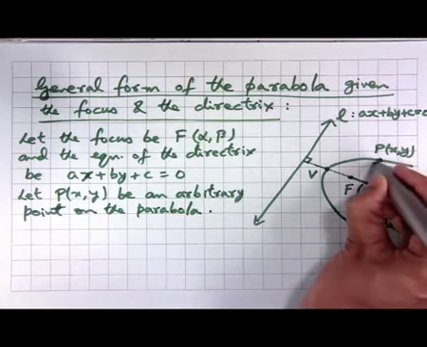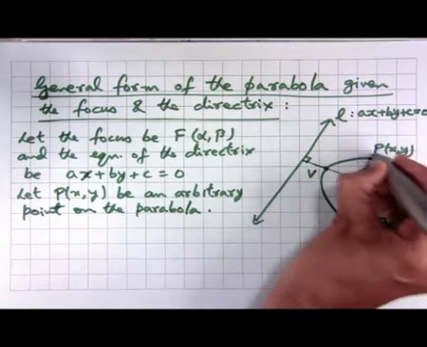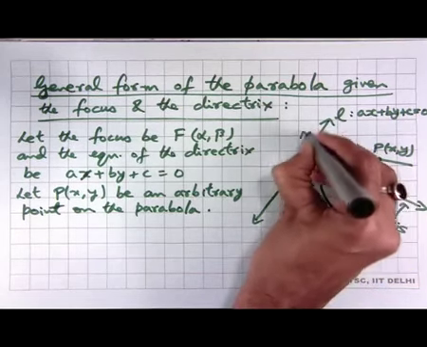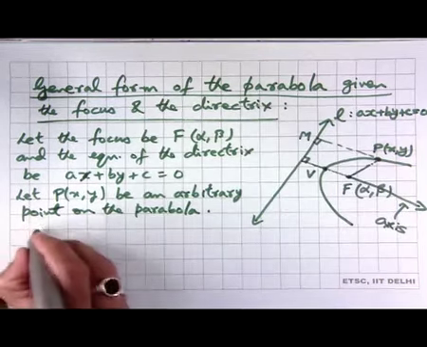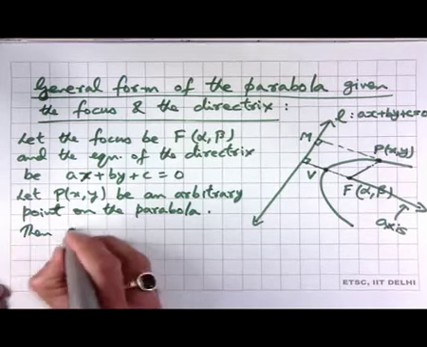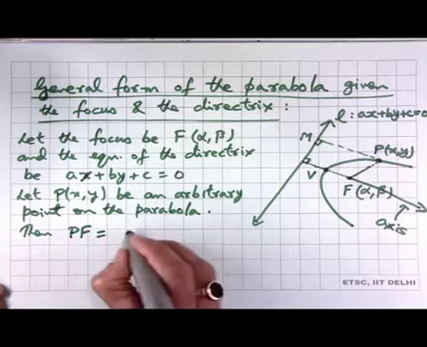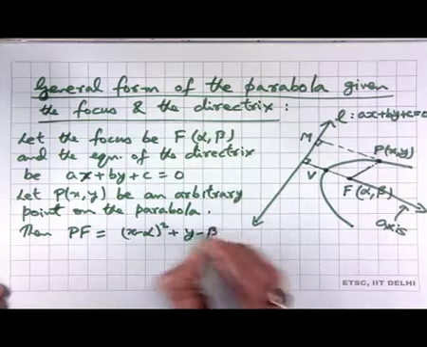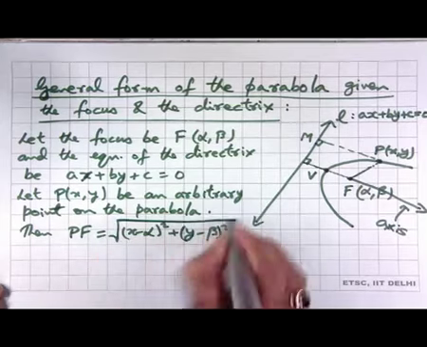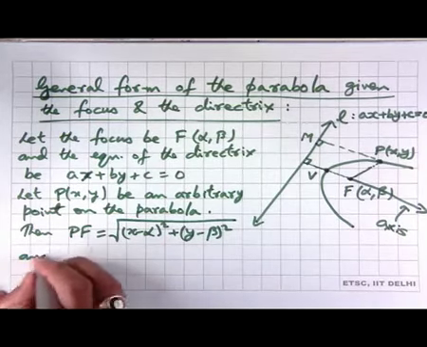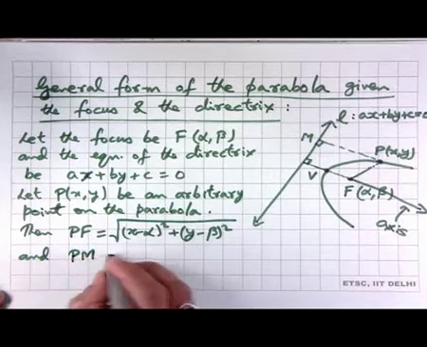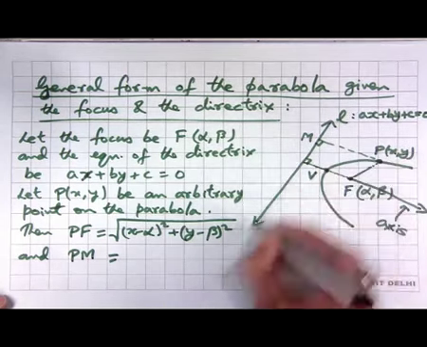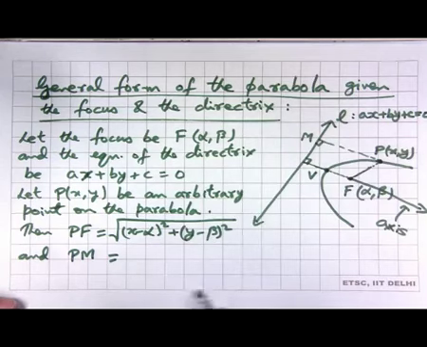Then we have distance PF should be equal to the perpendicular distance PM. PF we know is the square root of (x minus alpha) square plus (y minus beta) square, and PM is the perpendicular distance of the point P(x, y) from the line a x plus b y plus c equal to 0.